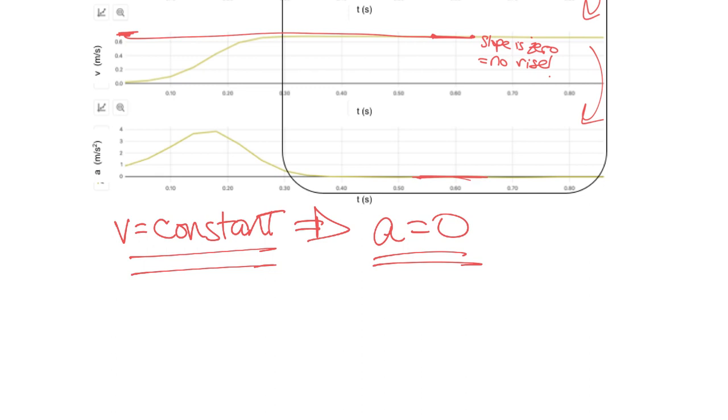And you need to be able to go immediately from a statement of velocity is constant to acceleration is 0. That needs to be implanted in your brain, okay? So when velocity is constant, the acceleration is 0. And hopefully that makes sense because acceleration is delta v over delta t, and so there's no change, right? That's what constant means, okay?